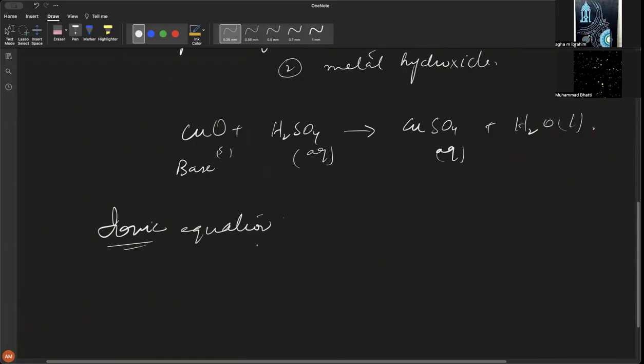The ionic equation for this reaction is CuO plus 2H+ ions gives Cu2+ ions plus H2O, right?